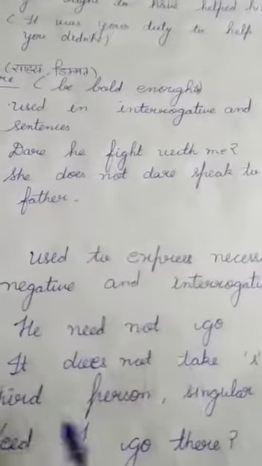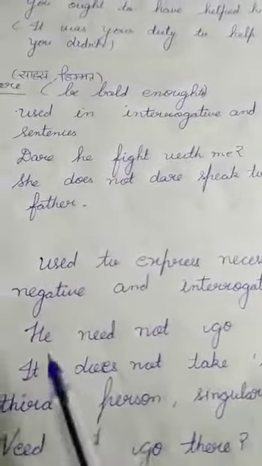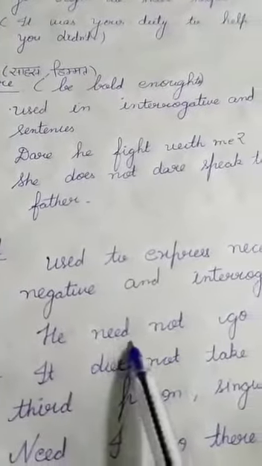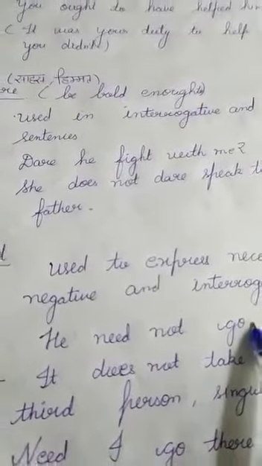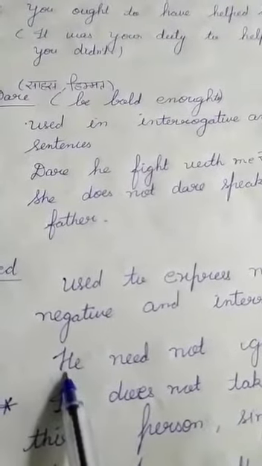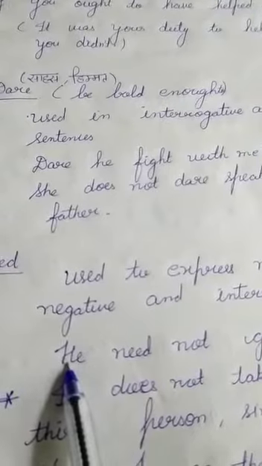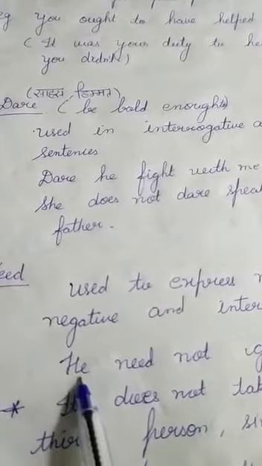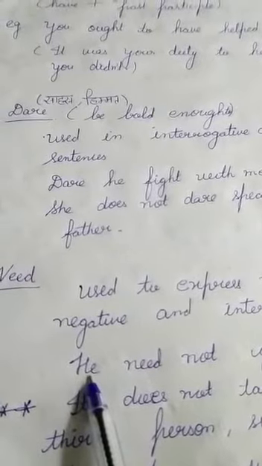Let's understand this rule with the help of this example. See, he need not go. Here he is third person and this is present tense, and our subject is singular.